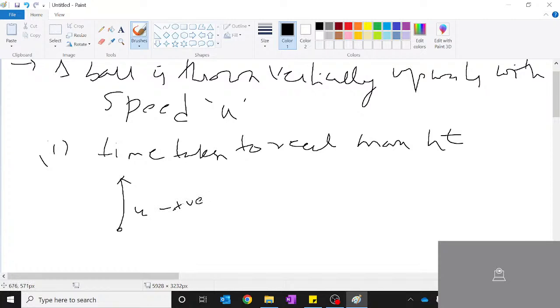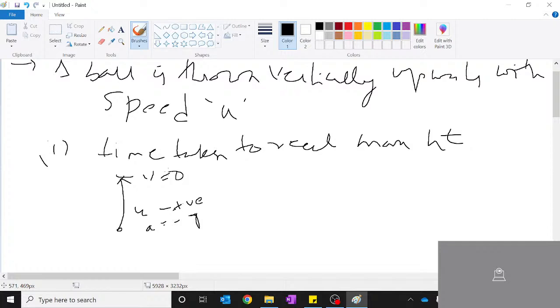Now g, as we discussed last time, always acts downwards, so your acceleration is minus g. Now at what point does it reach the maximum height? When the final velocity becomes 0. That is where the ball stops and starts coming back to the ground.